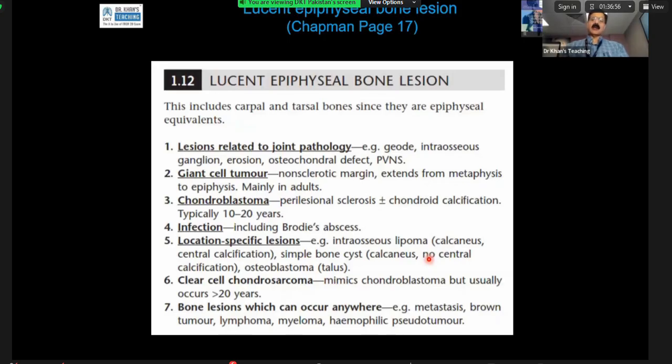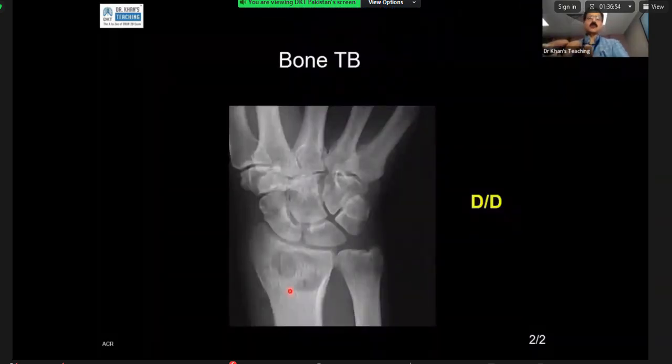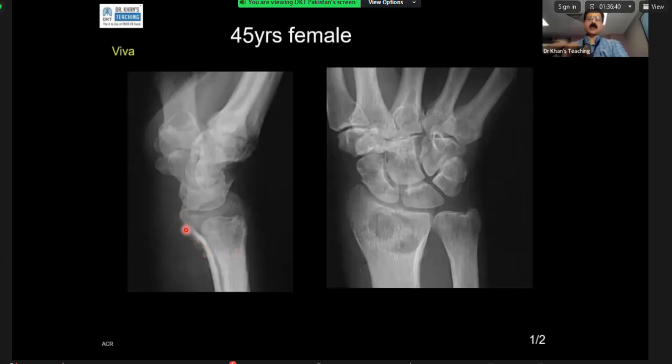Let me tackle it. First of all, you described it very well. There is a lesion with a slightly wide zone of transition here, and there is a bit of periosteal reaction. You did well. You commented that this radiocarpal joint space is also reduced.